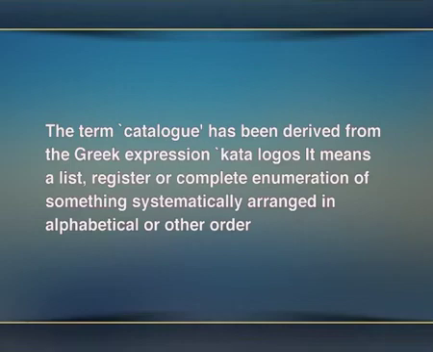So, let us understand what is a catalog. The term catalog has been derived from the Greek expression catalogus, and it means a list, register or complete enumeration of something. But it is not just a list. It is systematically arranged in alphabetical or some other order.